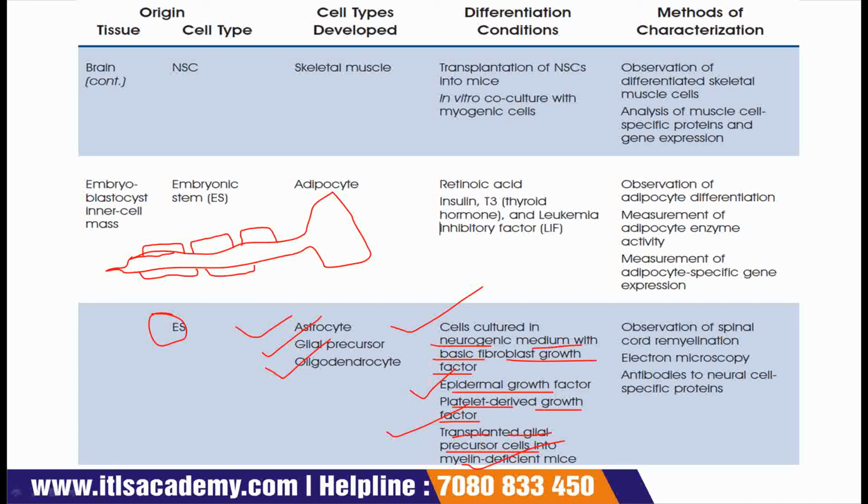These layers are known as a myelin sheath. So here transplantation of glial cells will be into myelin deficient mice, that is, this neuron will not contain this myelin sheath. So further again, the neuron that will not contain myelin sheath will be preferred for transplantation here.